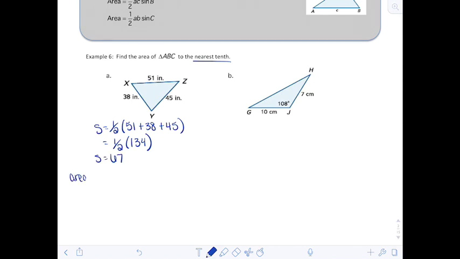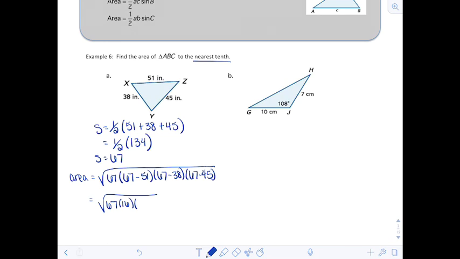So now the area is going to be the square root of 67 times, and then we just take that number and subtract each side. 67 times 51, or minus 51, sorry. 67 minus 38, 67 minus 45, and then all of that under the radical, and I don't know in the particular order, is going to be 67 times 16 times, let's see, 29 and 22.